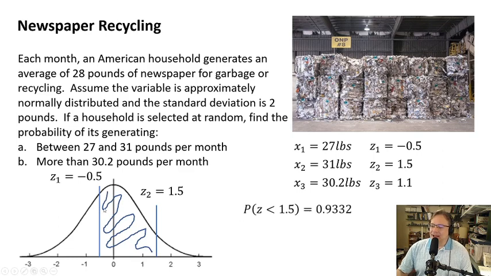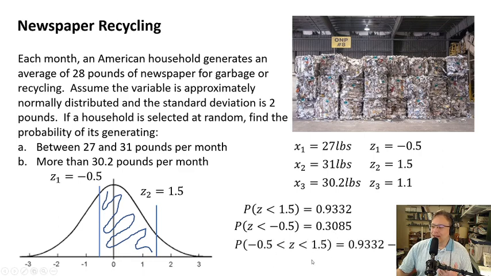The way we can find that is to first find the area under the curve from here all the way to the left, and that's going to be 0.9332. That's from our table. And if we subtract off this area, that starts at this threshold and goes all the way to the left, then we get 0.6247 for the probability that something is in between these two thresholds.